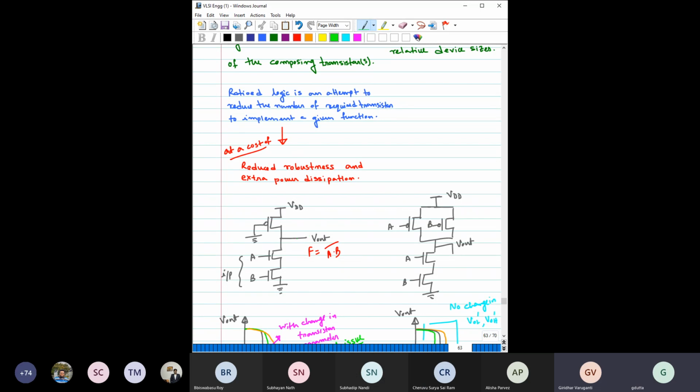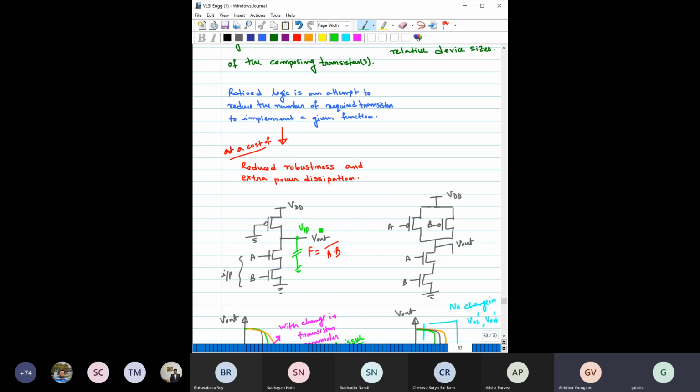Because if you consider the CL here, this is PMOS, and its gate is grounded, so this transistor is always on. It always tries to supply current. Only when A and B are both on will this capacitor be discharged; otherwise it continues to hold the potential VDD.